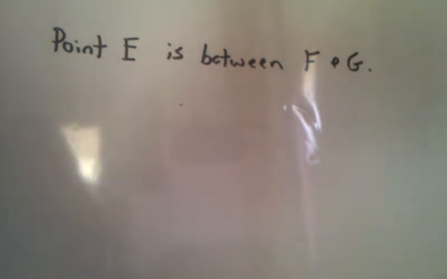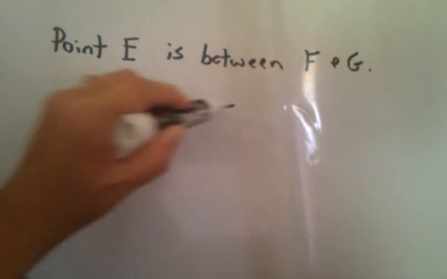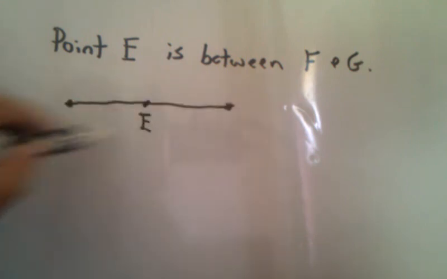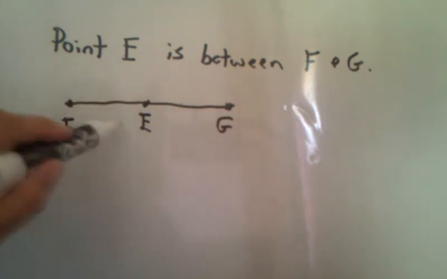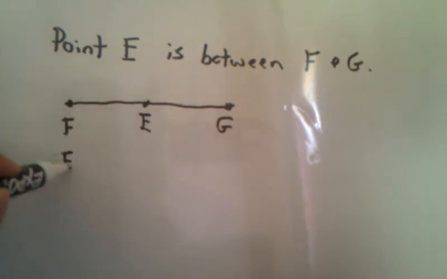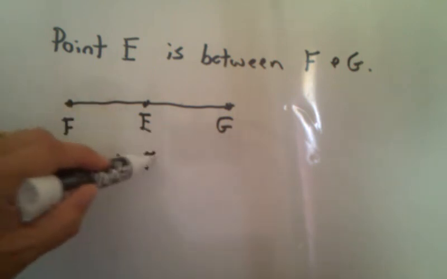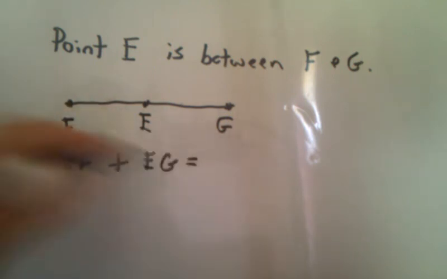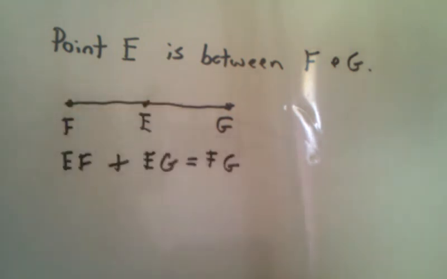If E is between F and G, that means they're on the same line, right? So if I'm drawing it, I would say E is between F and G. So I could say this, EF, or FE, plus EG equals FG. Okay?